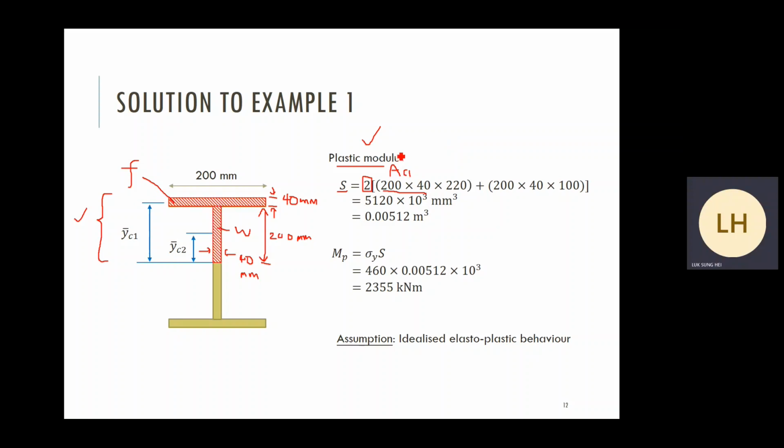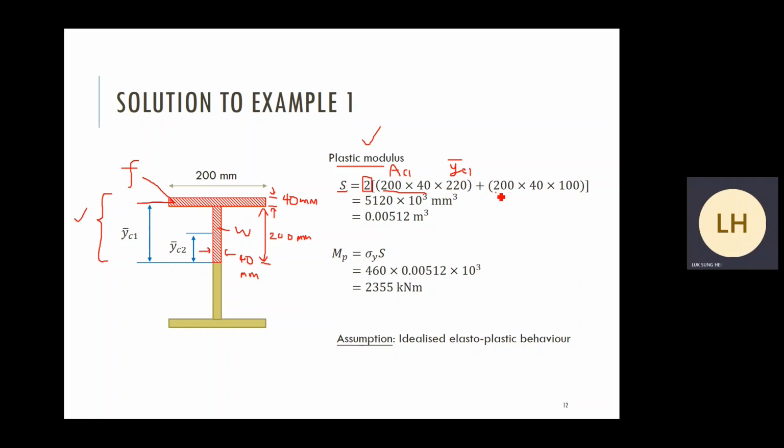Maybe I call this AC1 times the corresponding moment arm y bar C1, something like that. The moment arm is equal to 200 plus half of our thickness, because we measure the moment arm at the middle of this flange. So we have to plus a small number 20 mm. 200 plus 20 gives you back the moment arm YC1.